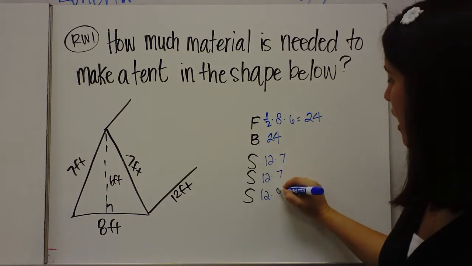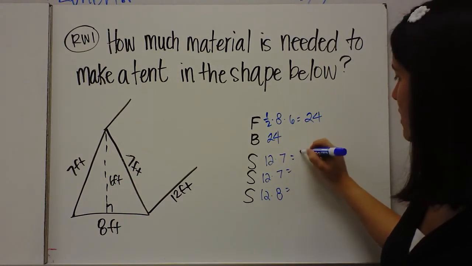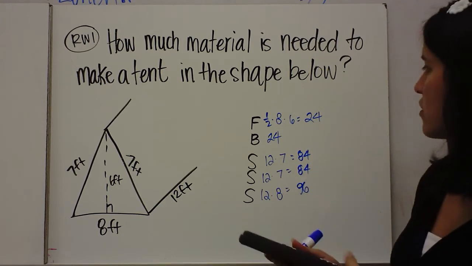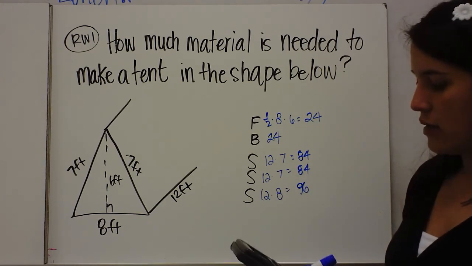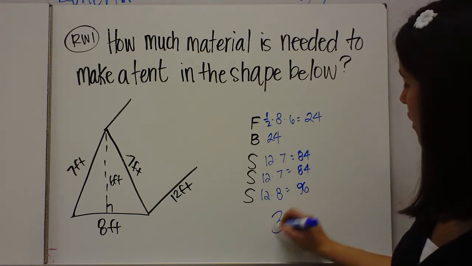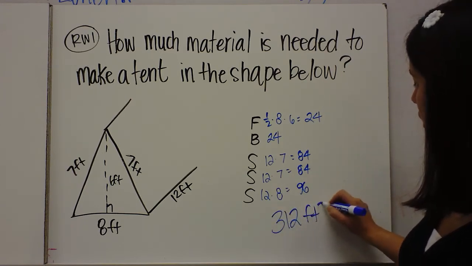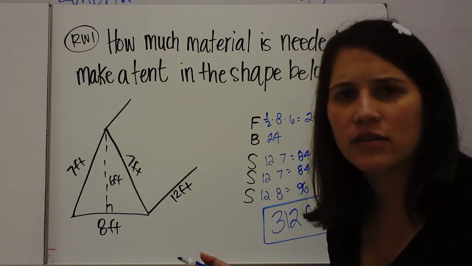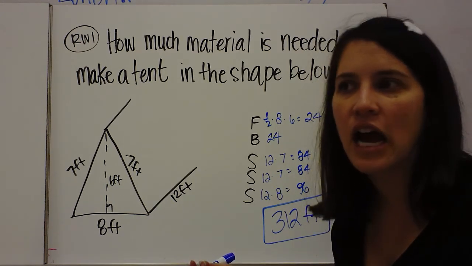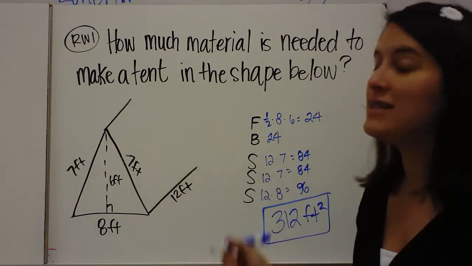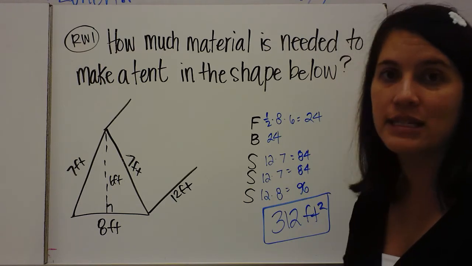So 7, 7, and 8, and this is 84, 84, 96. So you add those up, and it looks like we get 312 feet squared. So that's how much material, I don't know what you call it, nylon, I don't think it's cotton, it's like waterproof material that's going to make a tent. So there is an example of a tent.